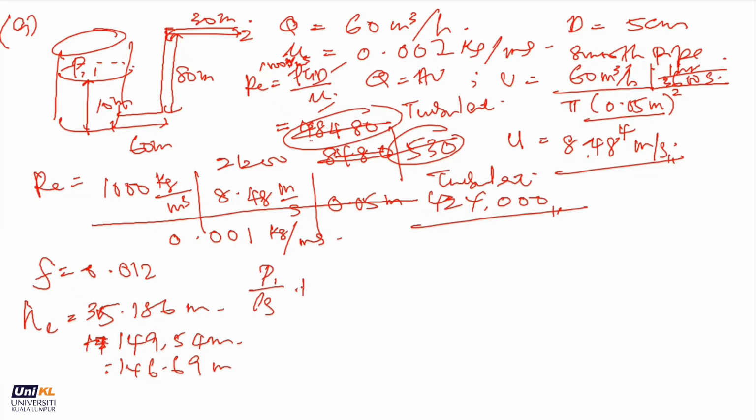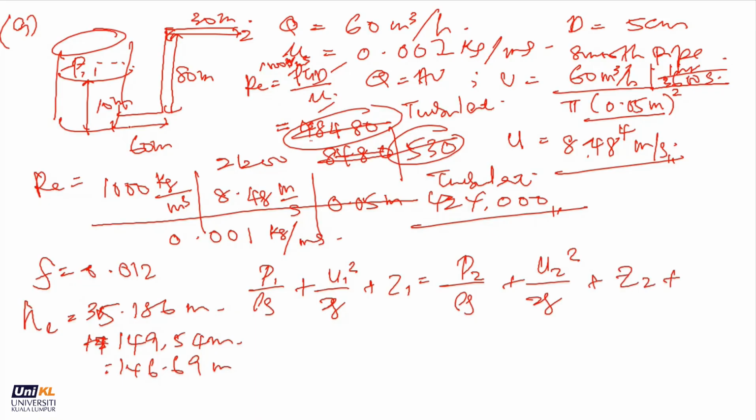P1 over rho G plus Z1. Now because we have piping, we also have head loss, so plus head loss. This is a very big tank compared to the 0.05 diameter, very small piping, so the water is going down very slow, and U1 is nearly 0 at point 1.